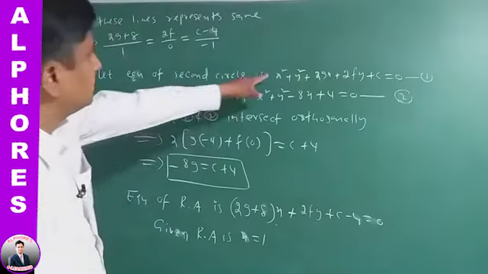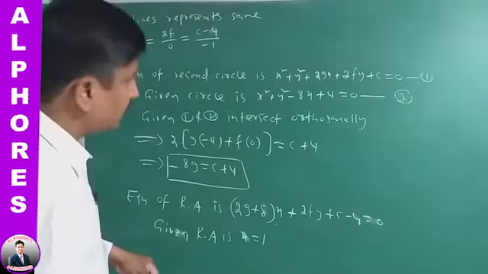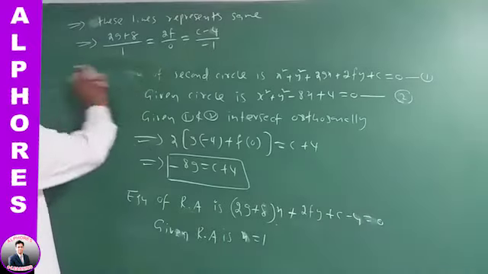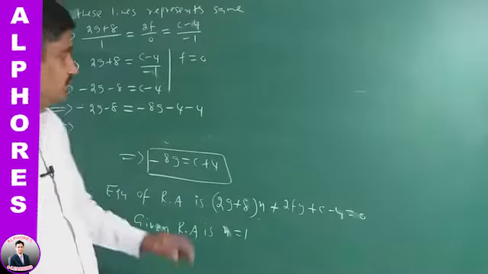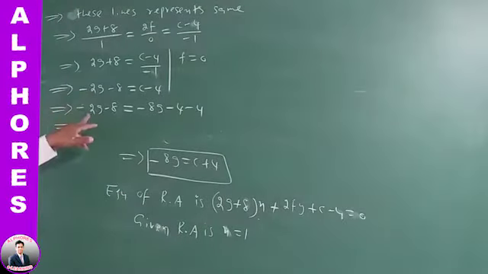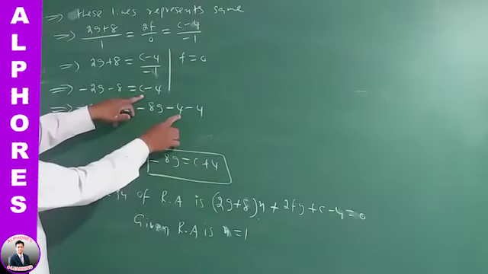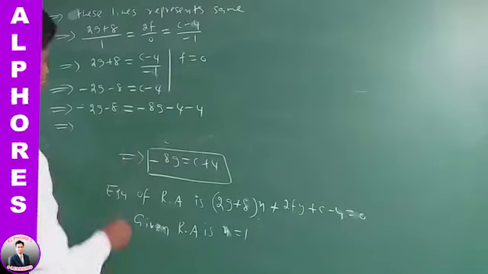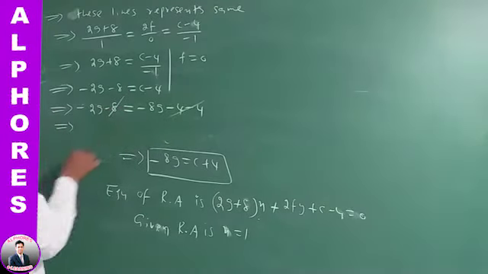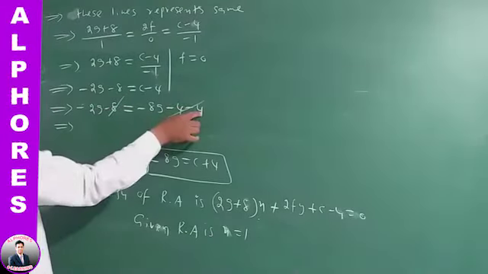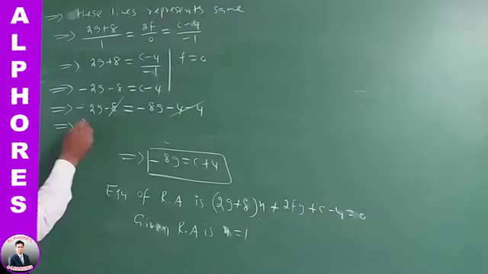Question: what is the radius of this circle? Radius means under root of g square plus f square minus c. Okay students, here 2g plus 8, and c from this condition is minus 8g minus 4. Here minus 8 cancels.